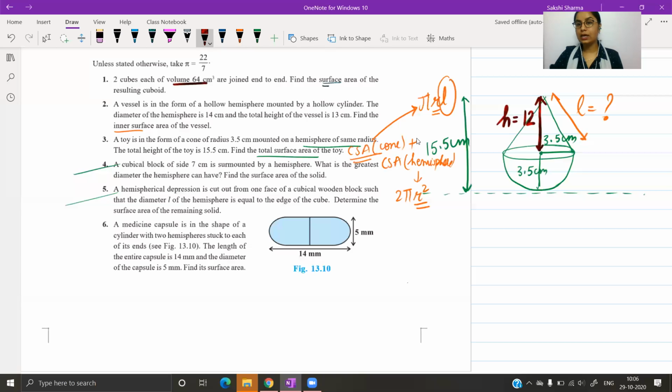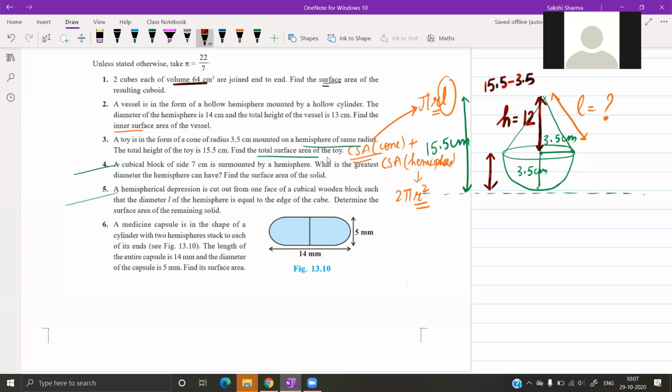The total height is 15.5 and the height of the hemispherical part is 3.5. So 15.5 minus 3.5 will give you the height of the conical part. Now you can find out the slant height for the conical part before you calculate the curved surface area. Is that clear? Yes, ma'am. Let's write down.